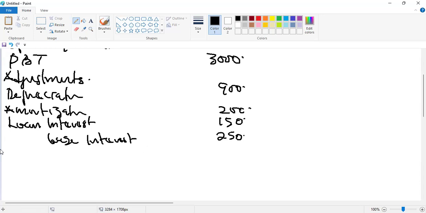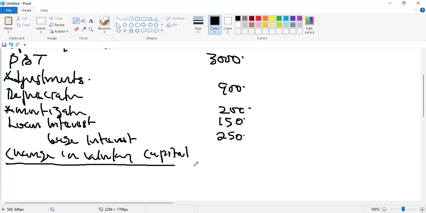Next, change in working capital. Inventory. What is the inventory at the beginning?